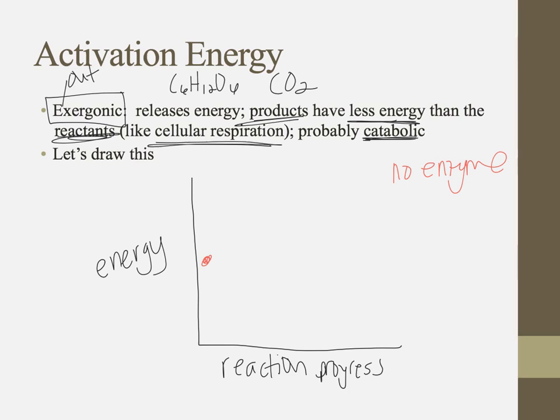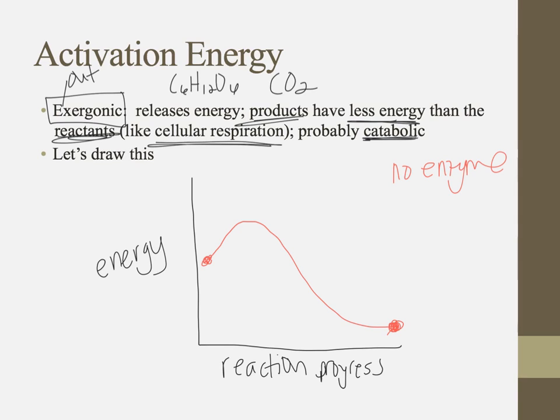So here I'm going to start again with no enzyme. Here are my reactants. I put in my activation energy, and then here are my products. So my products have less energy than my reactants. I'm just going to back up for a second before I draw enzymes.